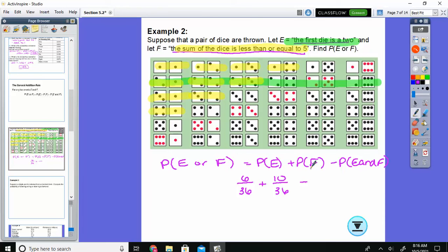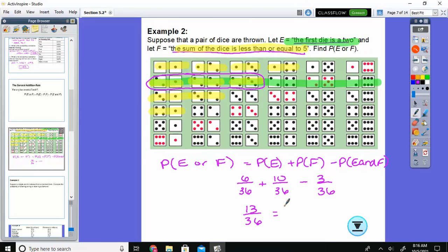Minus, how many of those got double counted? 3. These 3 right here, I counted twice, so I need to subtract those off. So that gives me 16 minus 3, so 13 out of 36.